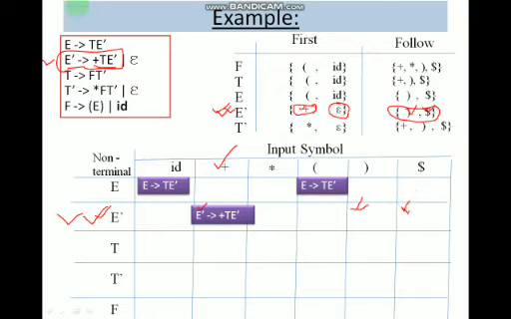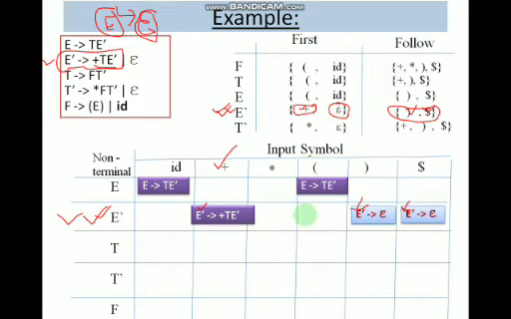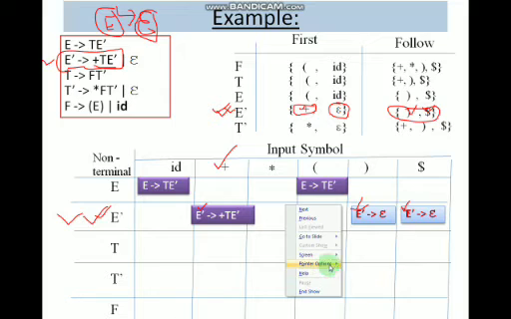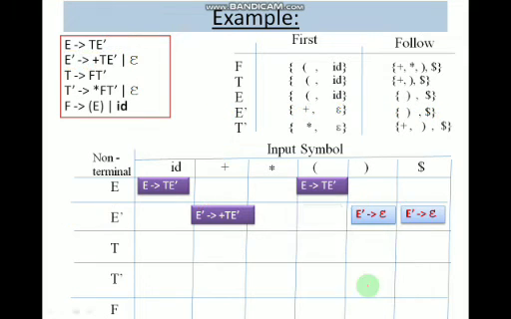We will fill the entry E dash producing epsilon. Why? Because first of E dash equals first of epsilon. That's why we make the entry in follow of it. So look at here, this one.